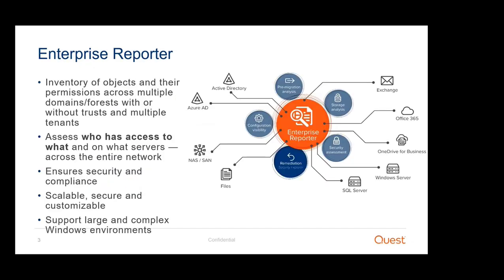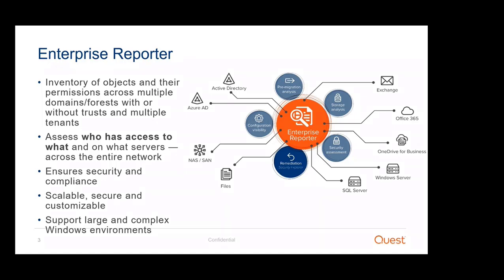Enterprise Reporter is a large solution that Quest offers our customers, and many of you have been using it, but not to the full extent that it could be used. We have the ability to inventory objects and the permissions across multiple domains, forests, and or platforms, allowing you to see who has access to what on the servers in AD and across the entire network.